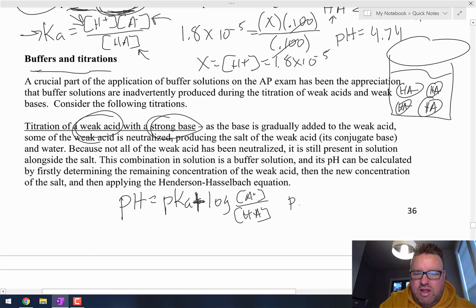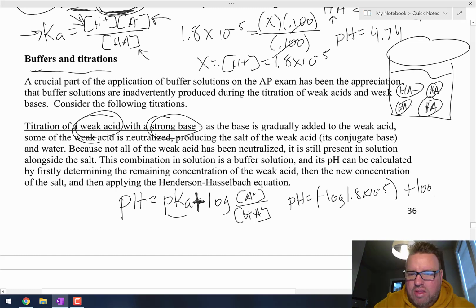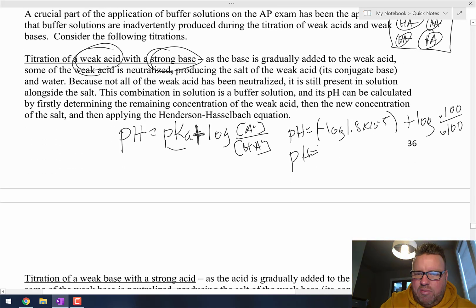We could have said the pH is equal to the negative log of 1.8 times 10 to the minus 5th, which is how you would get the pKa, plus the log of 0.100 over 0.100. Notice that when you do that, you end up with the exact same pH as what we got.